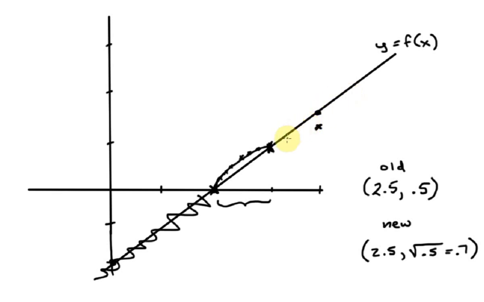The new y values, because we're square rooting them, are less than that. So the graph actually does something kind of like this. Oops, it's hard to reach that point. Yeah, it has this kind of a curve to it. And that is our new radical graph of the square root of f of x.